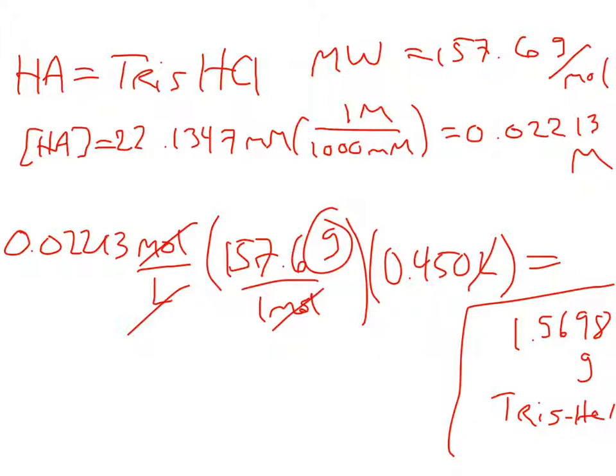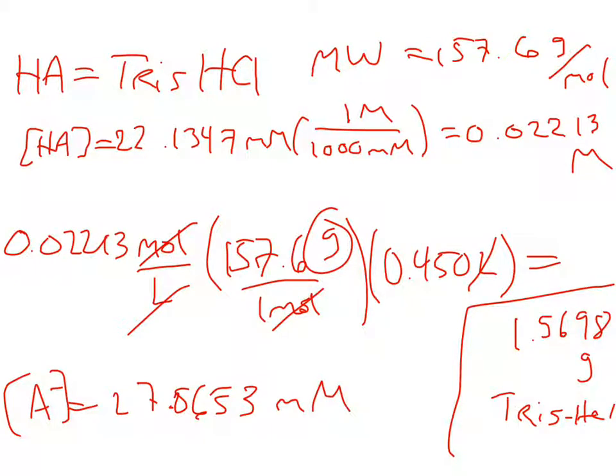I'm going to write that down here on a piece of paper so I don't forget. Alright, so that's HA. Let's do A now. So again, we wanted our A concentration to be 50 minus 22.1347. And that was a concentration of 27.8653 millimolar.